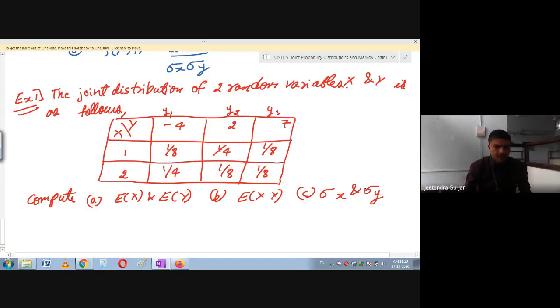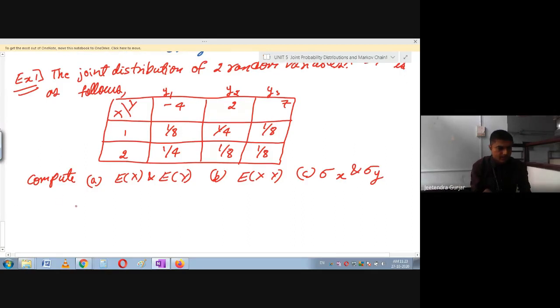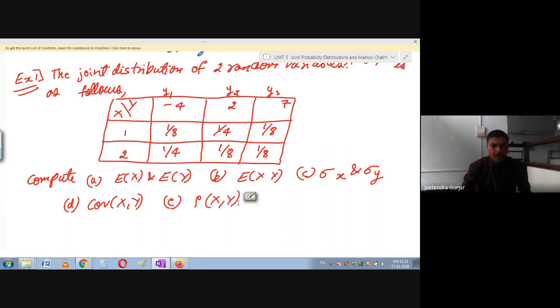We have already calculated such problems in the previous unit, that is in probability. So if you are perfect in probability, joint probability is very simple. It is a continuation of probability distribution, and you can see the application, students.